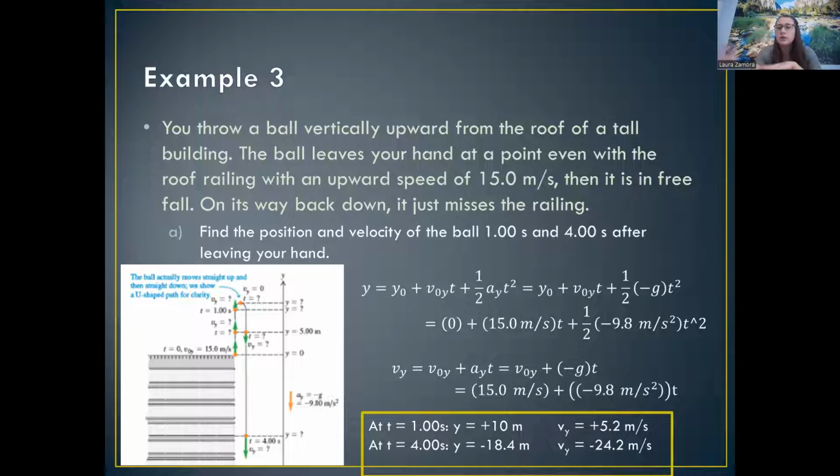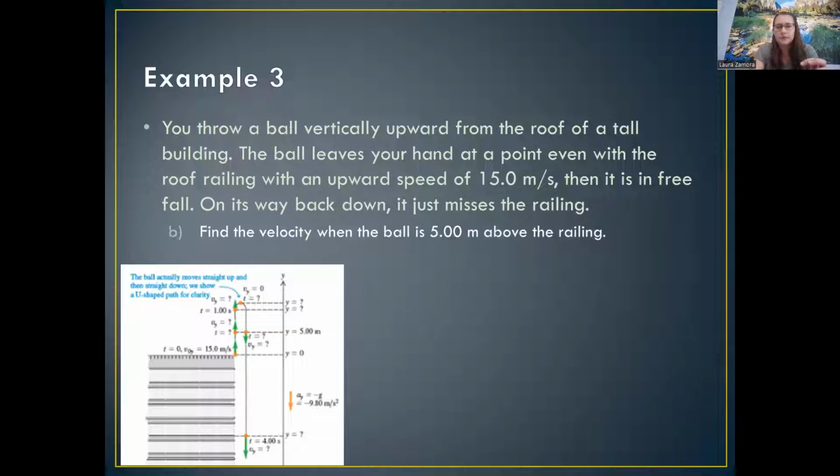At 4 seconds, though, both of those are negative. So now the ball has dropped down past the railing, and it is continuing to move downward with that negative velocity. So we know that at some point between the 1 second and 4 seconds, it changed direction. It reached its maximum height and then changed directions and started falling back down.